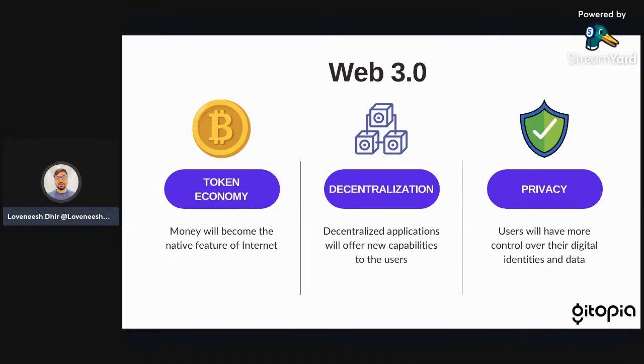By decentralization, we mean that the data is not owned by any centralized entity, but the data is now owned by the users themselves. And the third, privacy and security. With this, we the users will have more control over our digital identities and data.